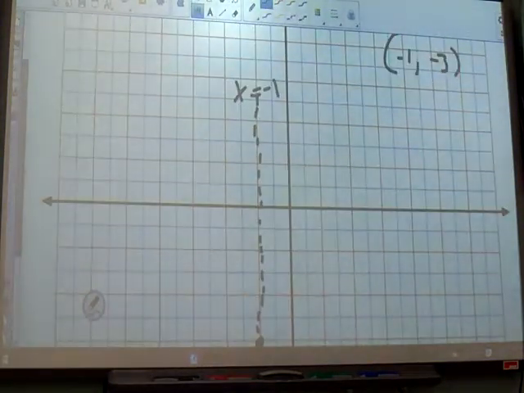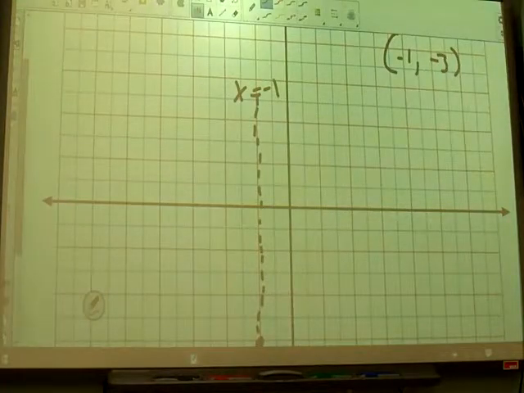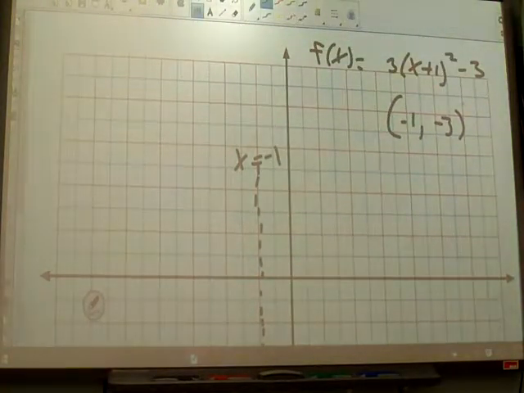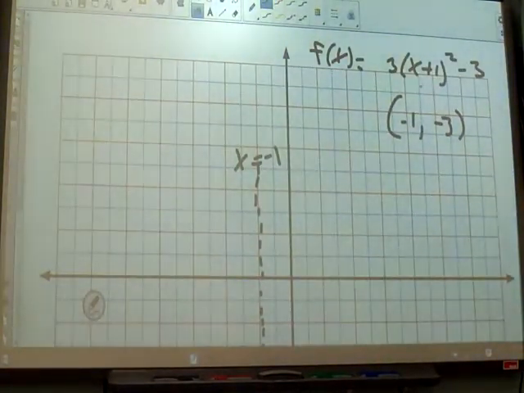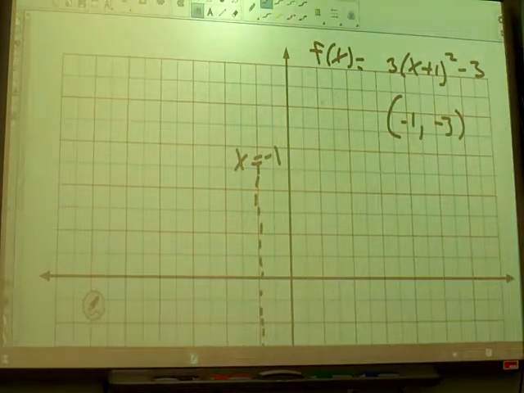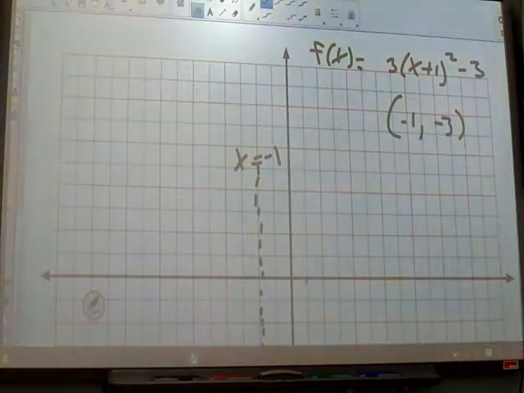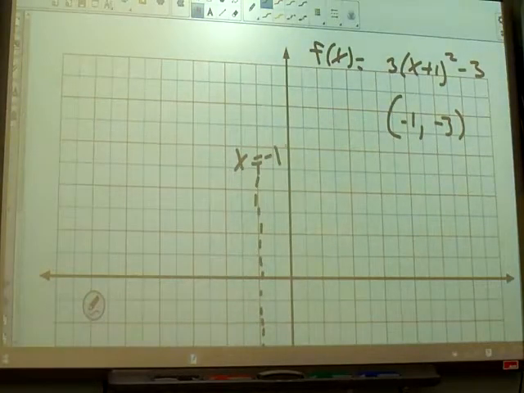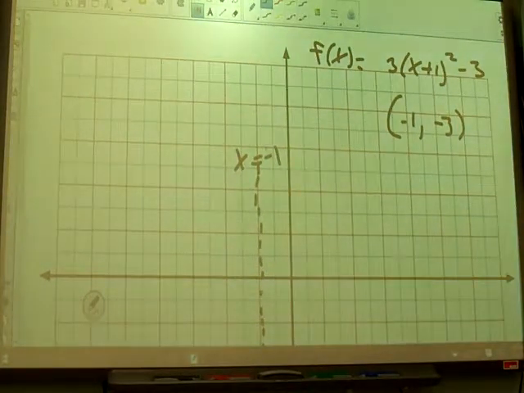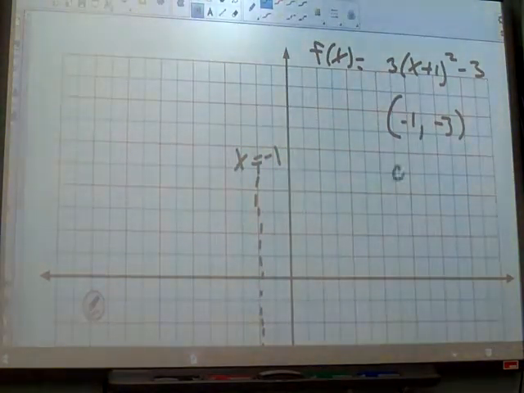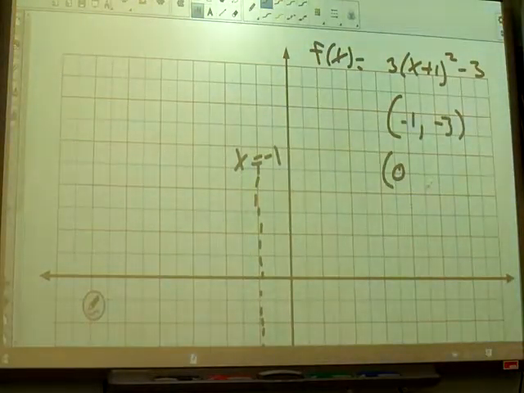Alright, so now we just need to find another point. So this is when you get to pick one to plug in for the X. Okay, I could do 2, but that's kind of way far away from my axis of symmetry. So I want to pick one closer to -1. 0 would be okay. And Garrett would not be wrong if he did 2.